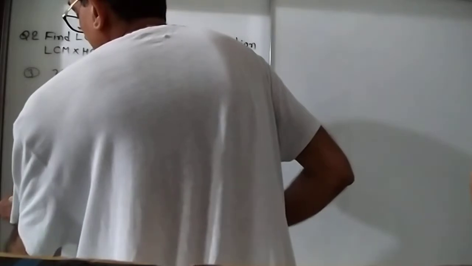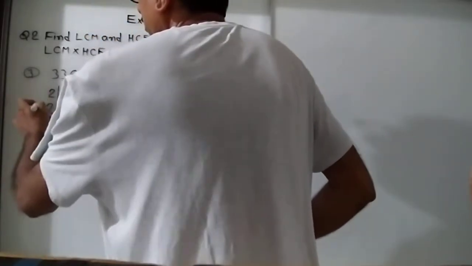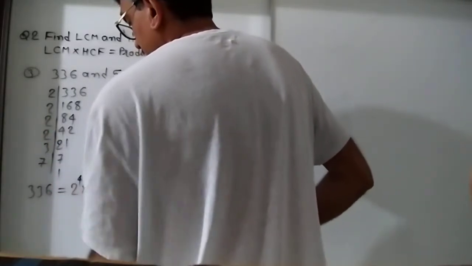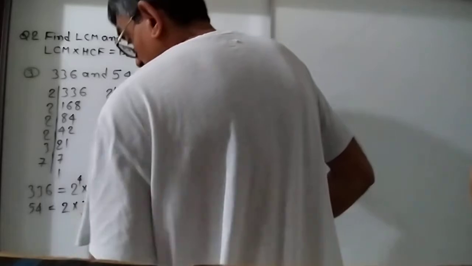So we can write 336 is equal to 2 four times, into 3 into 7, and 54 is equal to 2 into 3 cube.